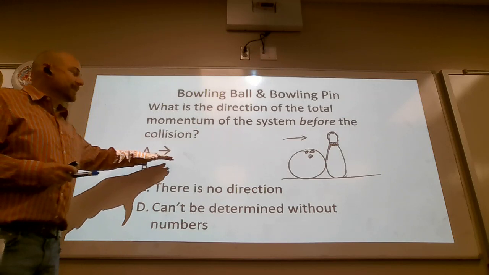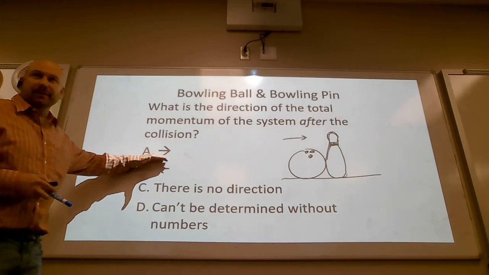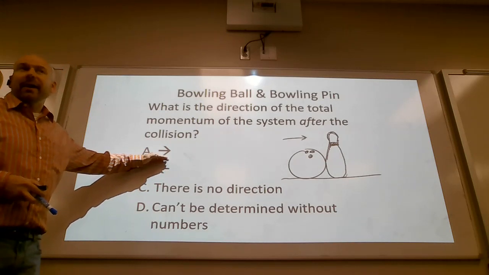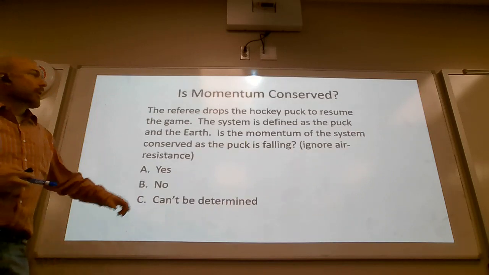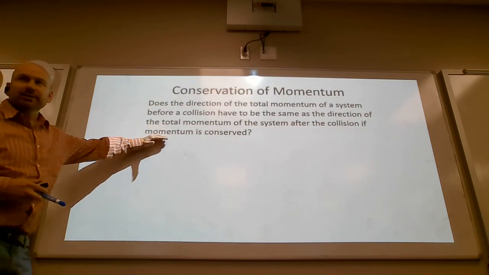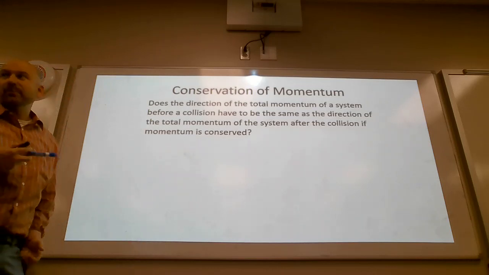So the total momentum of the system beforehand is to the right. Afterwards, it still has to be to the right, because momentum is conserved both in magnitude and in direction. And that is an important detail.